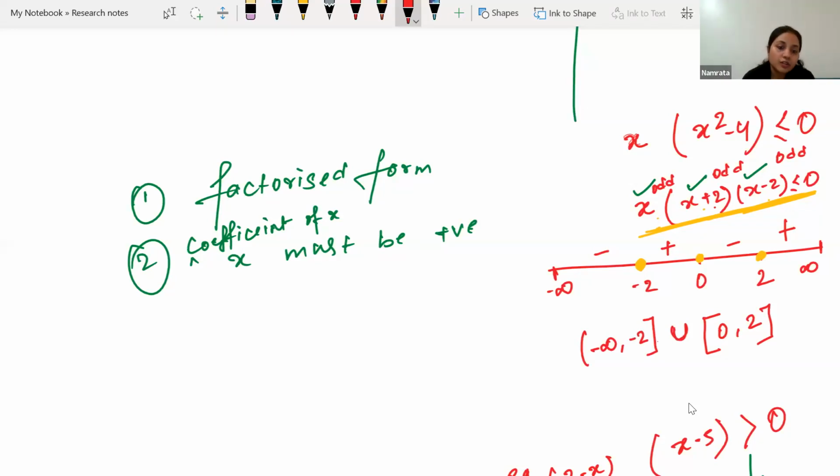Okay. So first thing first, factorized form, next coefficient of x must be positive.